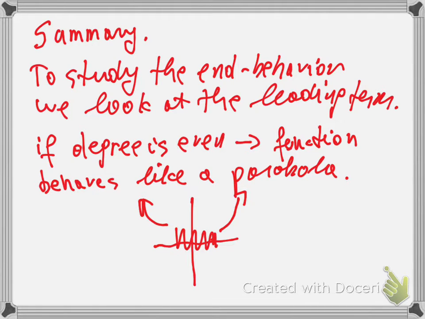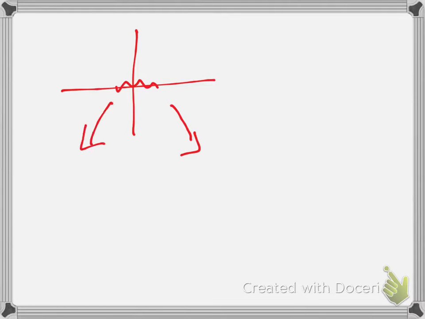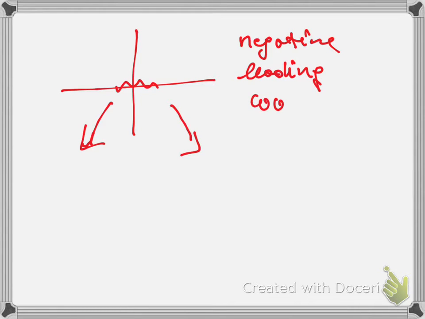What happens in between, we study with the x-intercepts. A parabola can open down, so when the leading coefficient is negative, the function will behave like a parabola going down.